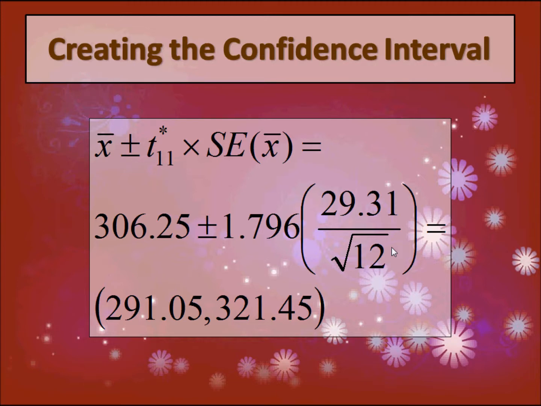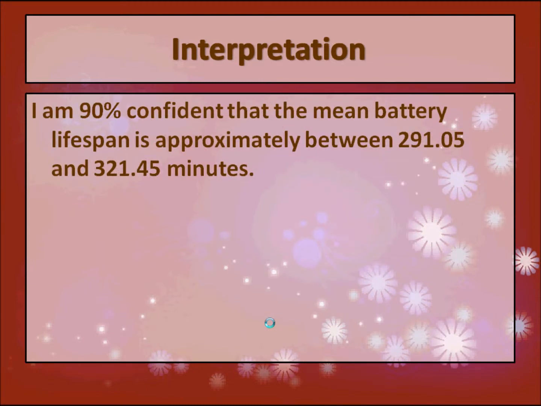When I calculate it, I get 291.05 and 321.45. Now that I have my confidence interval, I'm going to interpret. I am 90% confident that the mean battery lifespan is approximately between 291.05 and 321.45 minutes. With that, I can now answer the question.